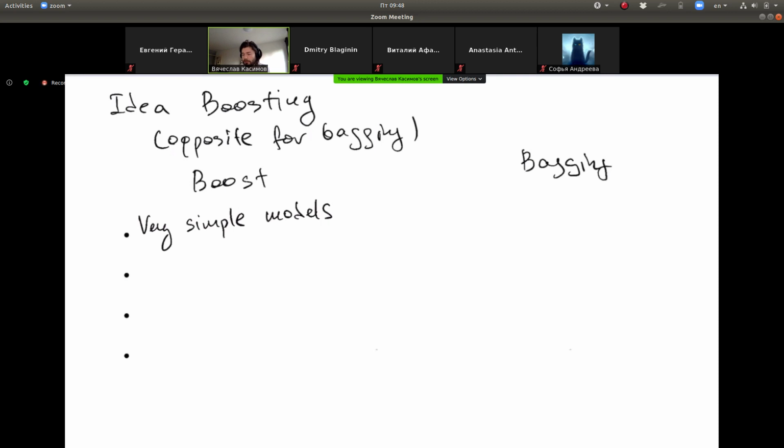And when I'm saying simple, it's not linear regression. By simple, I mean something that has a big bias, but low variance. As an example, you can keep in mind something like a decision tree with only one node. It's called a decision stump.